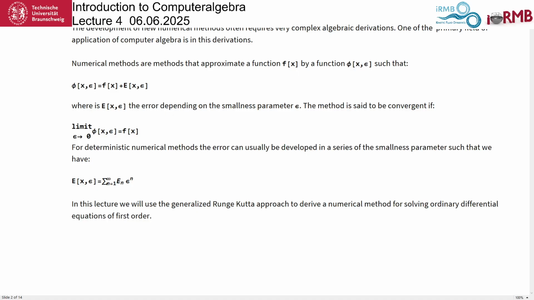We are talking about numerical methods. What does this in general mean? You apply numerical methods because you want to solve a problem which you cannot solve. This problem that you cannot solve is here indicated by f of x. There is some function that you want to evaluate for some input x, and you are not able to do this, because the solution is not known.